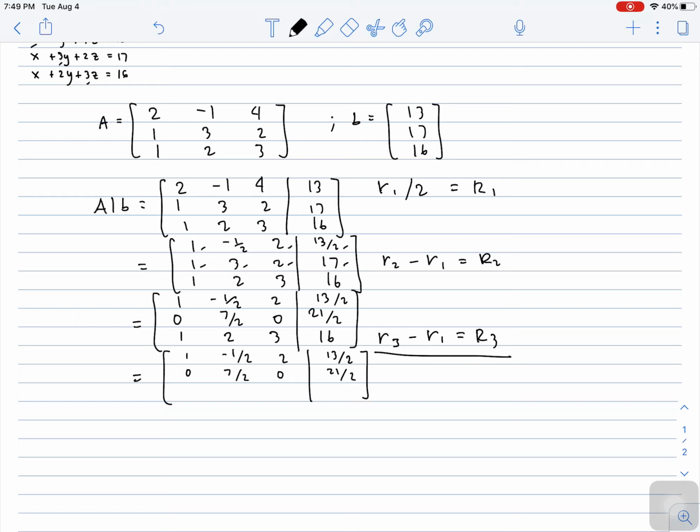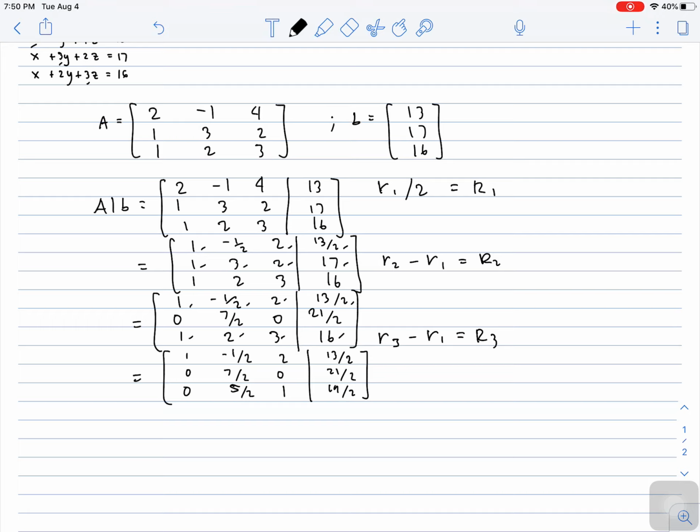Then use the formula R sub 3 minus R sub 1. So 1 minus 1 is 0. 2 minus negative 1 half is just 5 over 2. 3 minus 2 is 1. 16 minus 13 over 2 is 19 over 2.